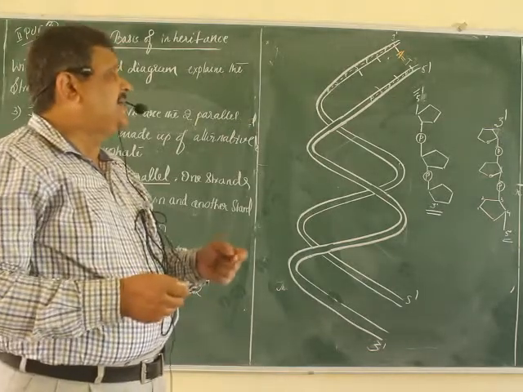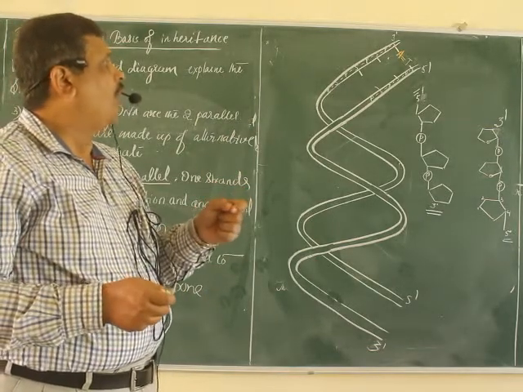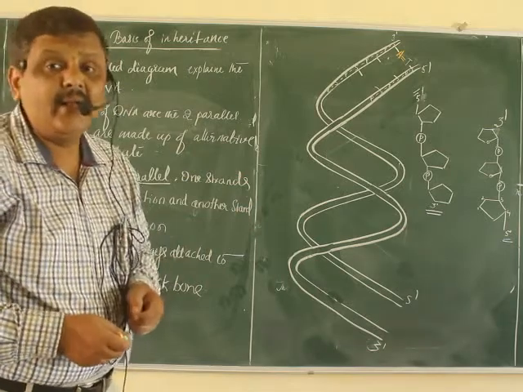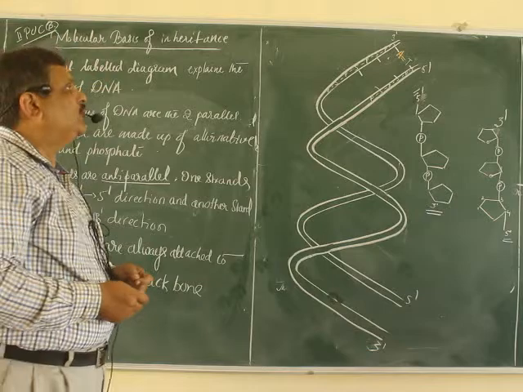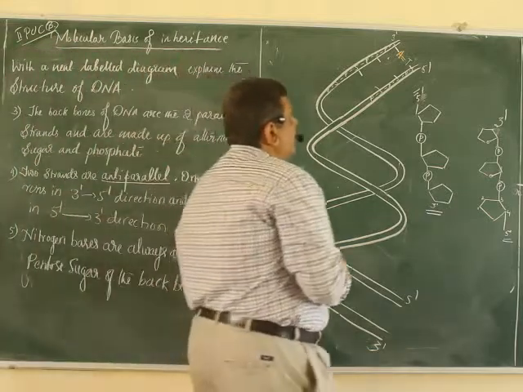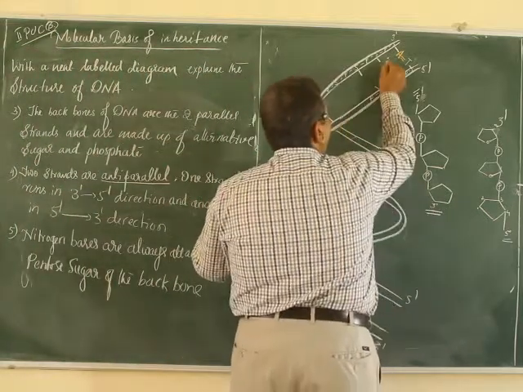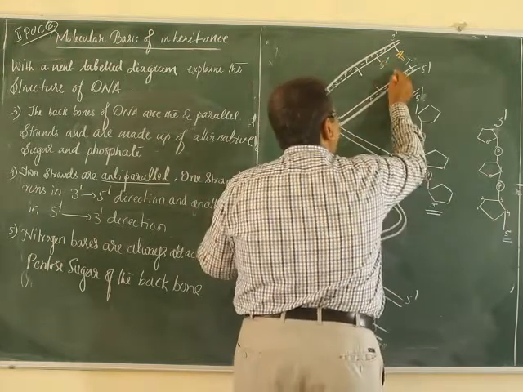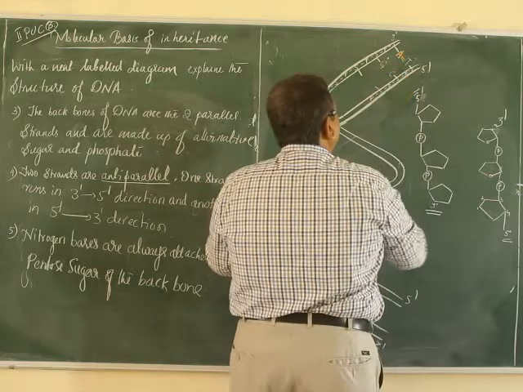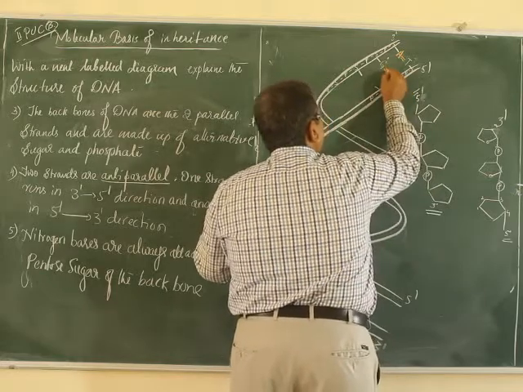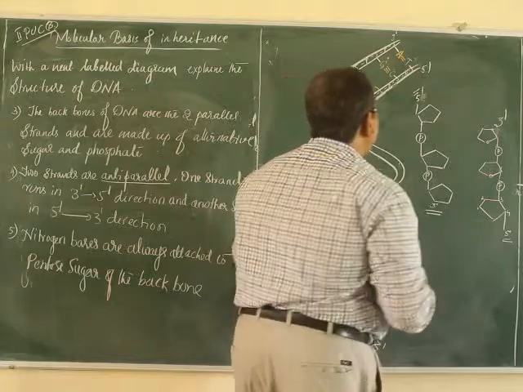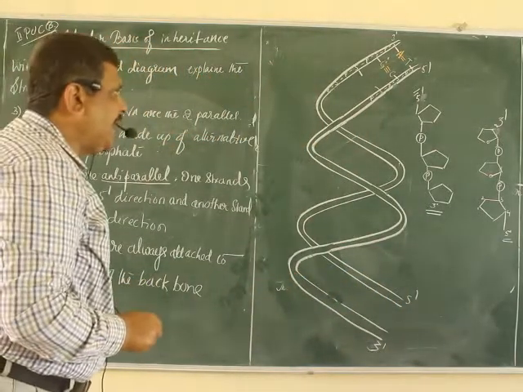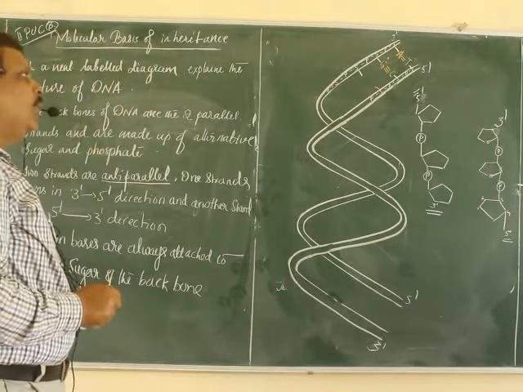Adenine of the DNA pairs with thymine of DNA with 2 hydrogen bonds. Then guanine of DNA pairs with cytosine of DNA with 3 hydrogen bonds.